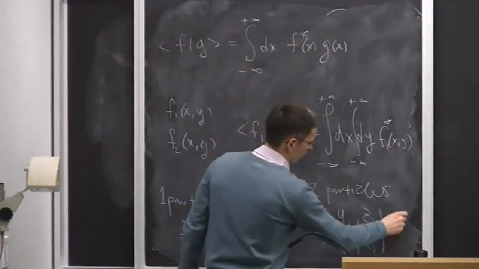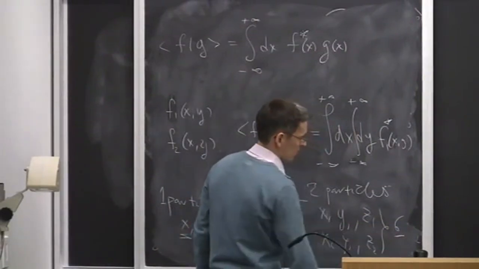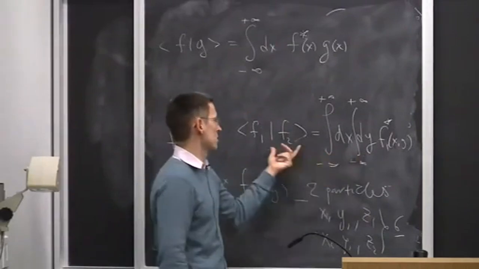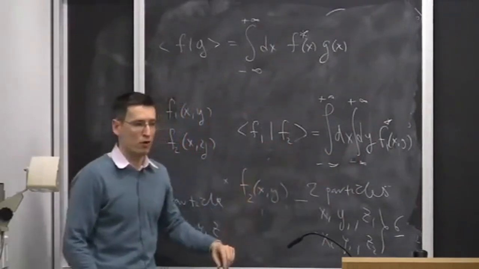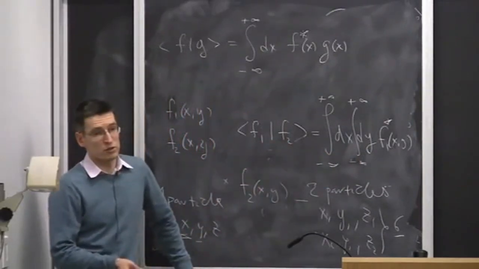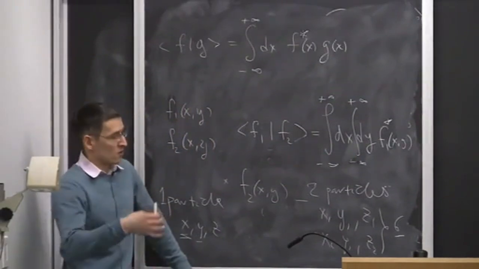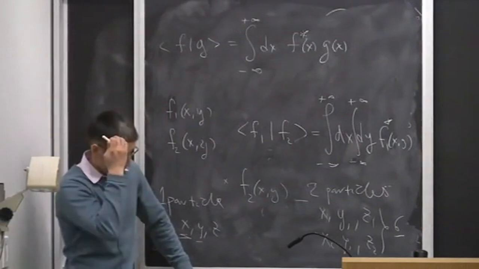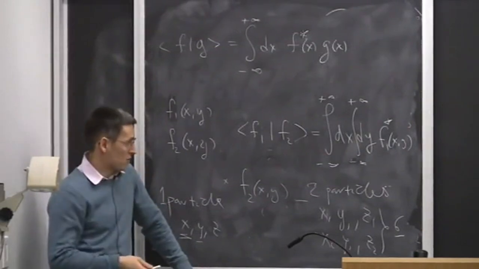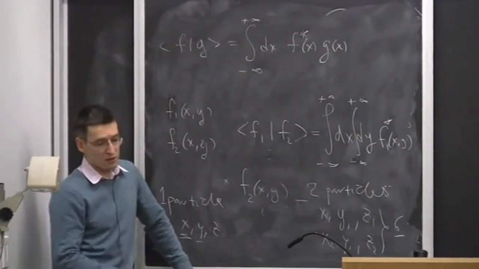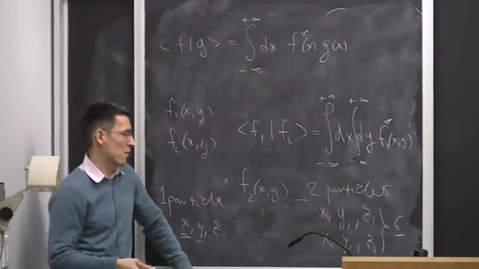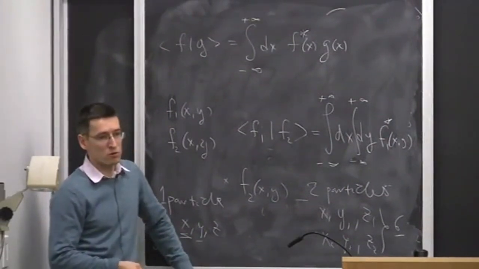So in total we need 6 coordinates. And these integrals in the inner or dot product will be 6-dimensional integrals for 2 particles. And so things grow very quickly with the number of particles. If you have n particles, then you need to multiply by 3 the number of variables you need to deal with.